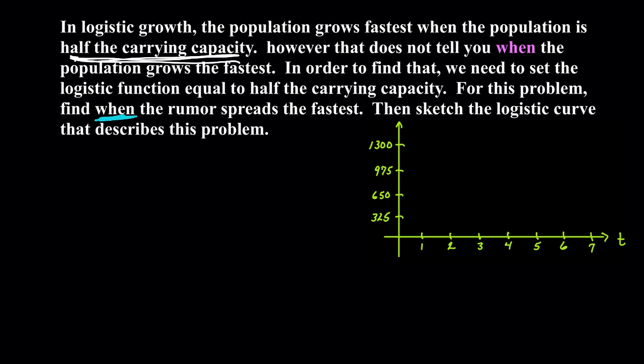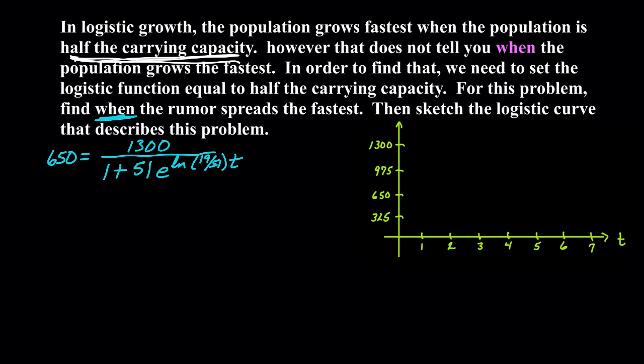Now, your solution equation was p, which is our population of 650, equals 1,300 divided by 1 plus 51 e raised to the natural log 19 over 51 t.